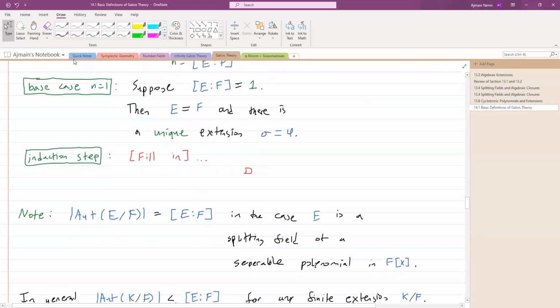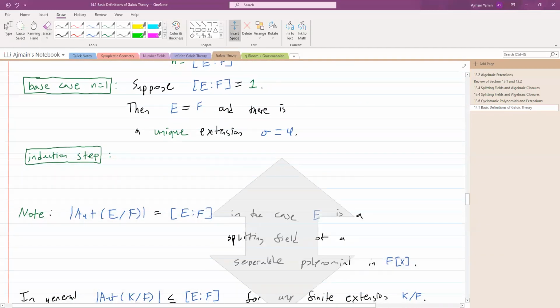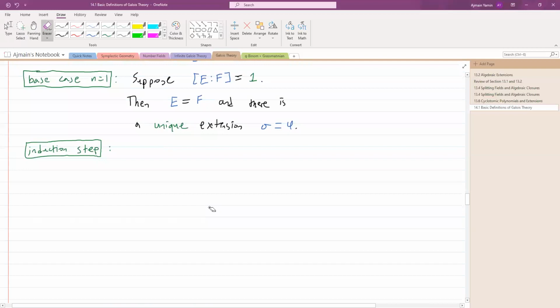Now the induction step. We're going to assume that the degree is greater than 1.